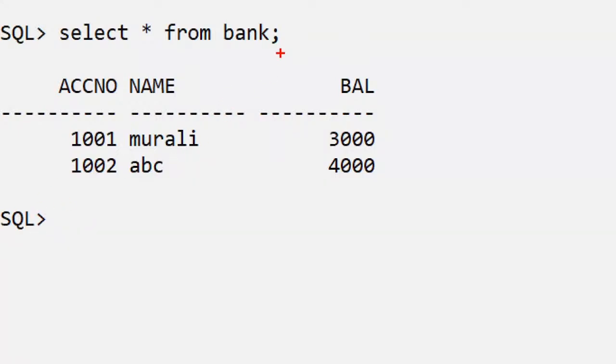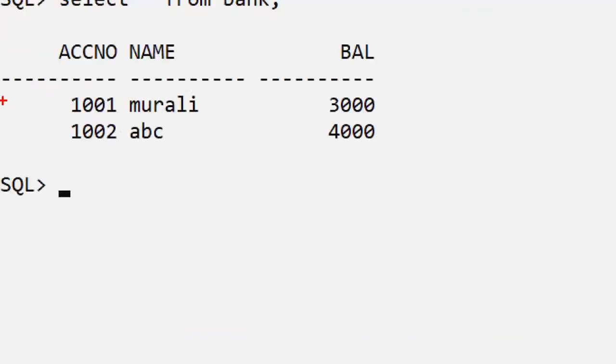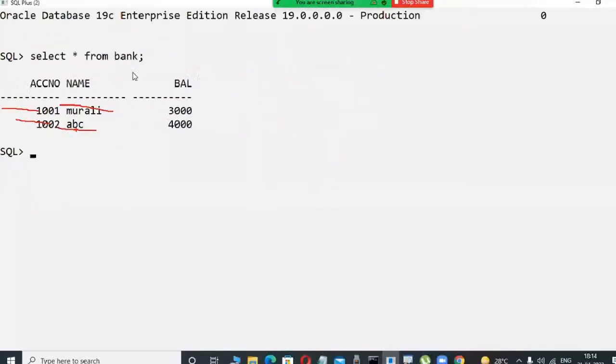Suppose this is the SBI bank, and this is the data. Observe here: these are columns, account number, name, and balance. These are called columns. Here, 1001 and so on, these are called rows or data.